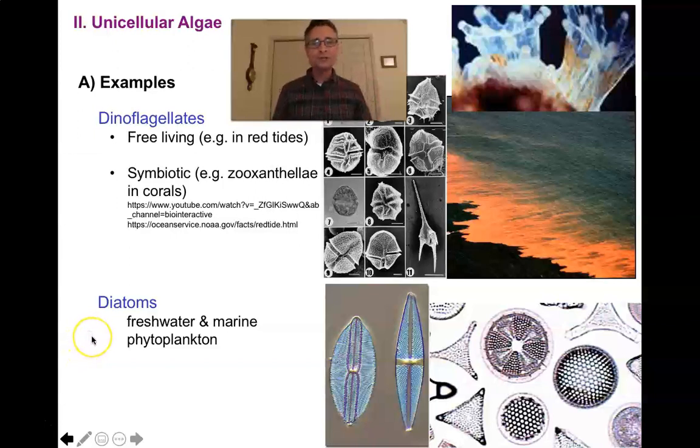Especially since the most recent period of large glaciation 20,000 years ago, diatom species compositions have fluctuated in freshwater bodies all over the world. And so we get a really good idea of how climate is changing from our diatoms. So that's a little fun fact about diatoms.